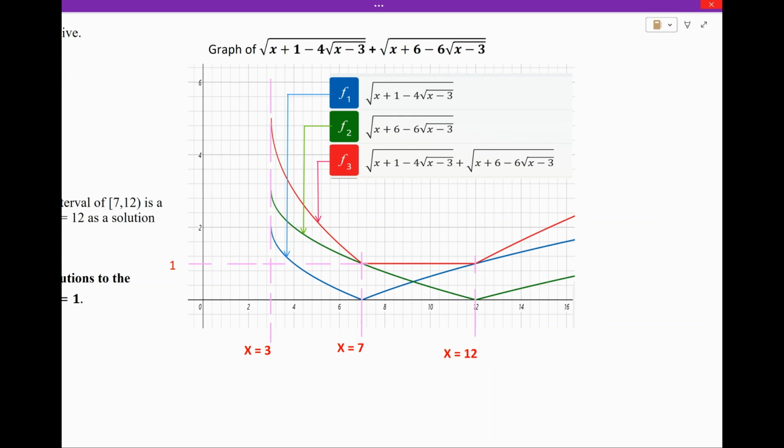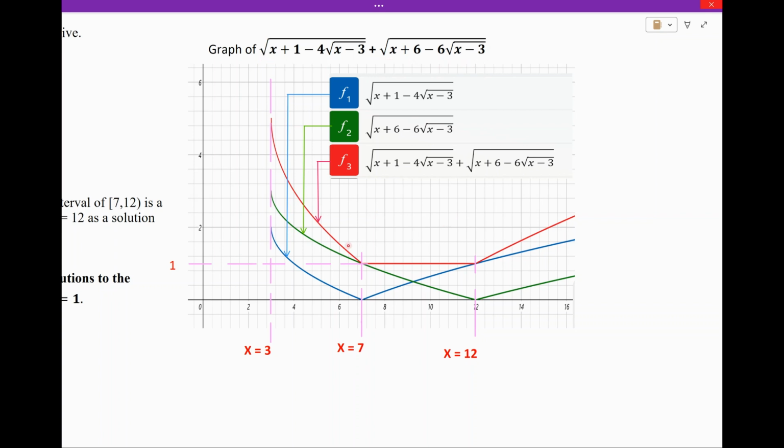If you add these two graphs together, we get the third graph, which is red colored, that is this graph, and that represents the two terms on the left hand side of the original equation.